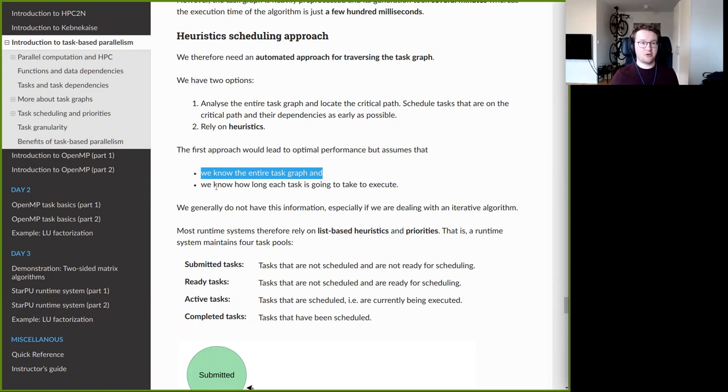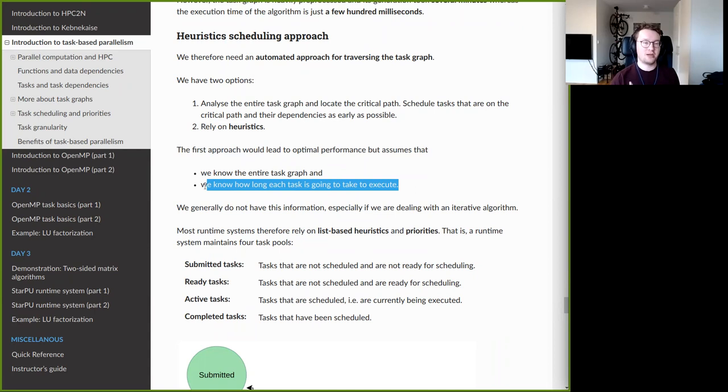It's possible that we don't even have the entire task graph, in case we have some sort of iterative algorithm. And then more importantly, we do not actually know how long it takes to execute every task. We could use performance modeling to try to predict it, but in the real world, we do not usually have a good enough idea how long each task is going to take to execute. And therefore, trying to come up with the optimal scheduling strategy for a given task graph is not usually viable at all.